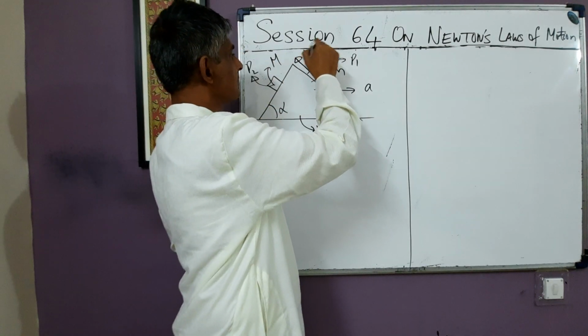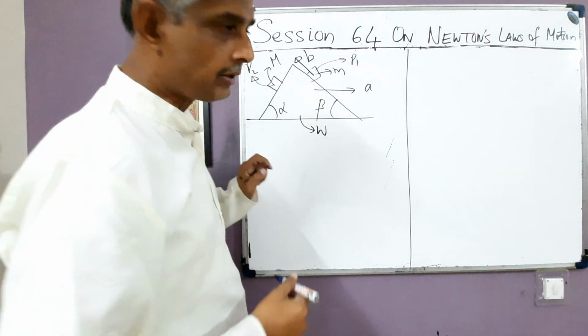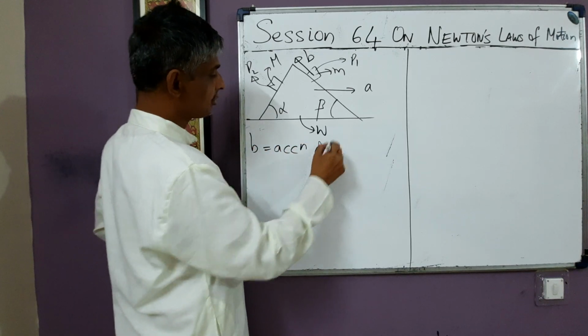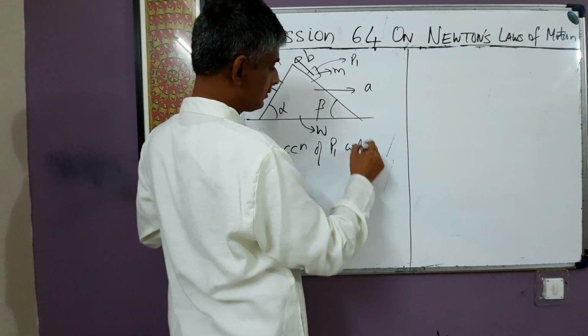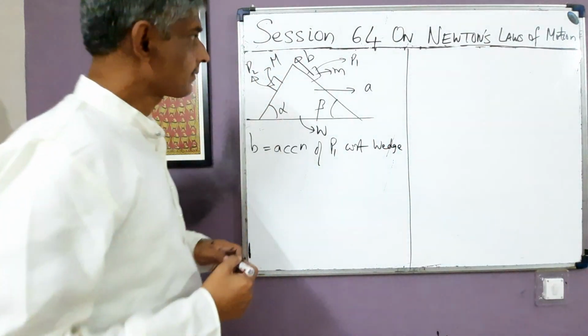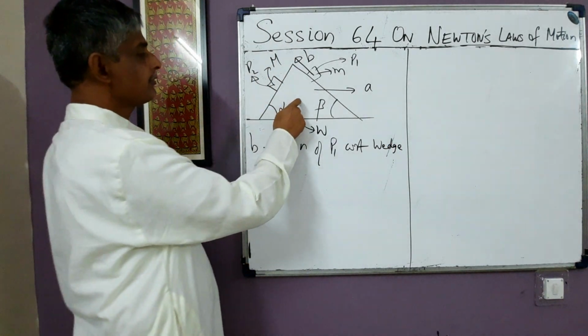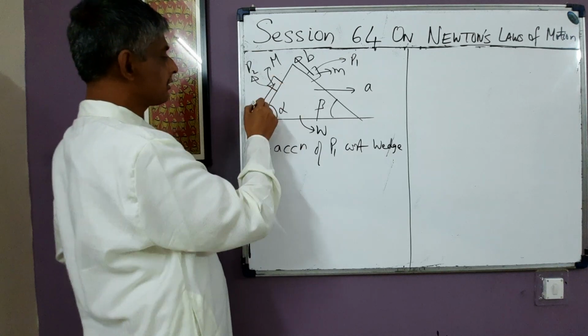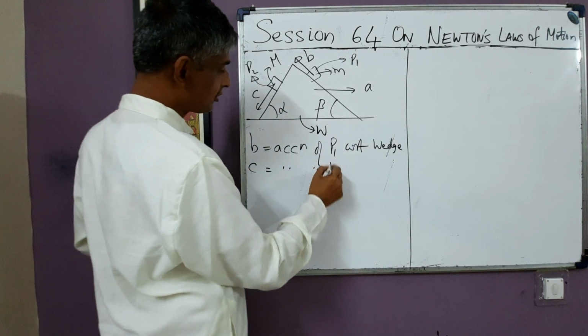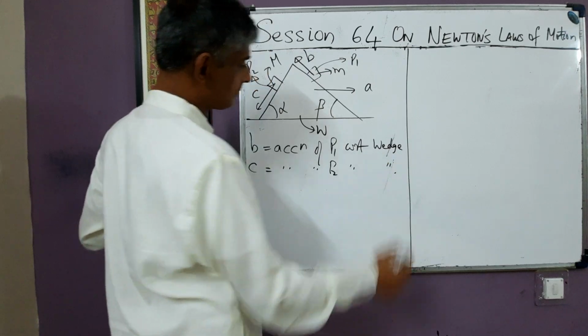So let B be its acceleration with respect to wedge. B is the acceleration of P1 with respect to the wedge. Now, as seen from wedge, this particle will accelerate down the wedge. Let its acceleration be C. C is the acceleration of P2 with respect to wedge.